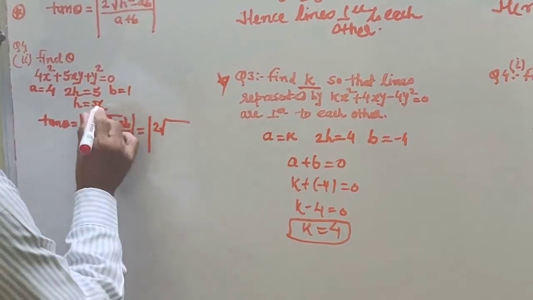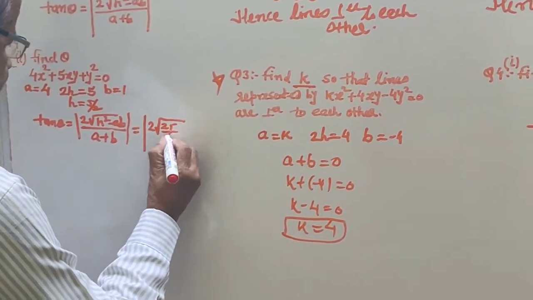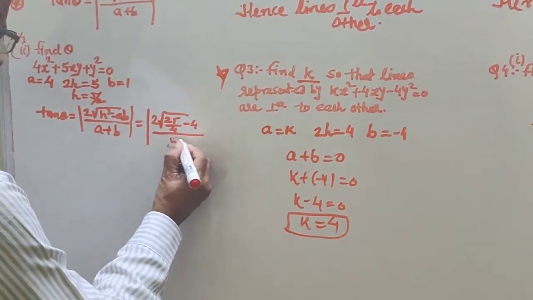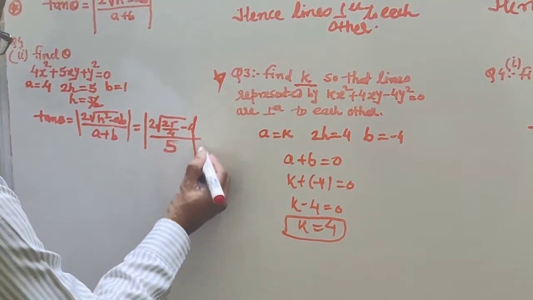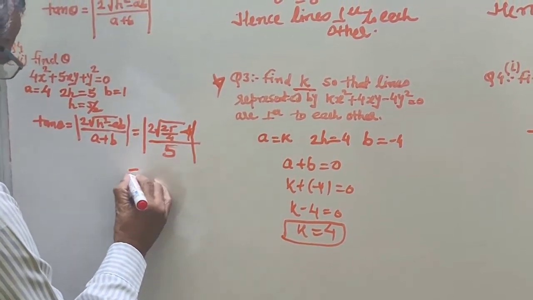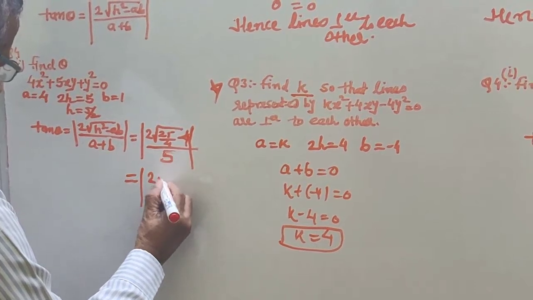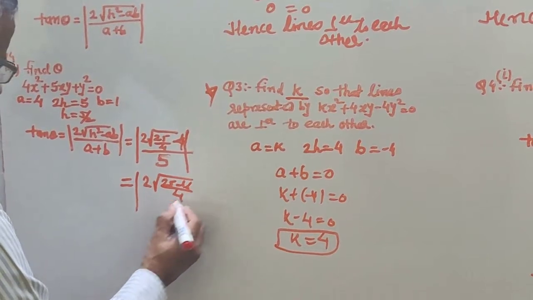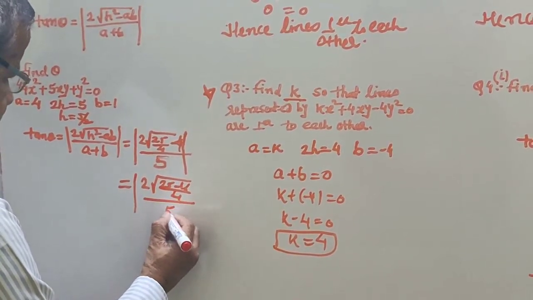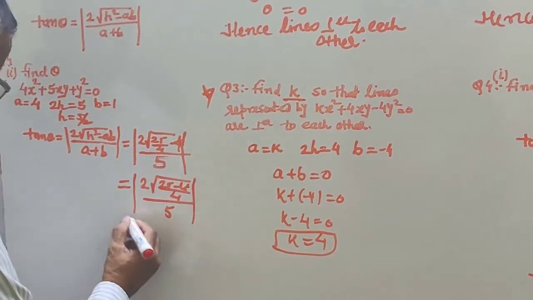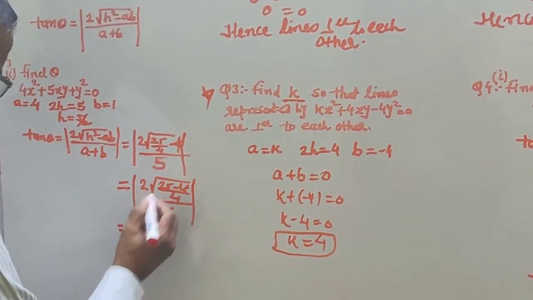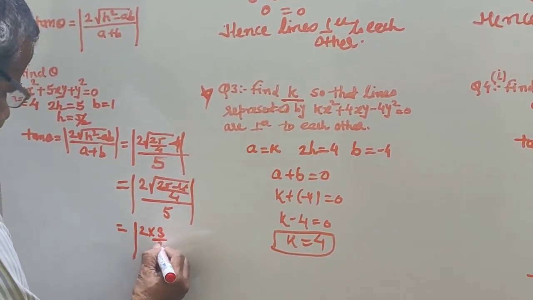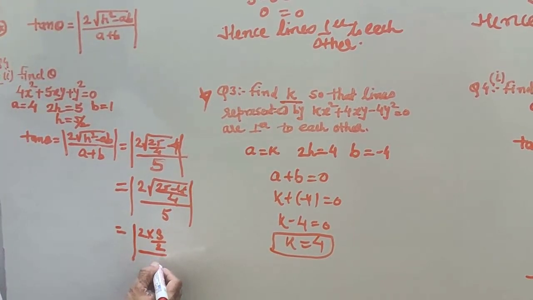Under root of h square means 25 upon 4 minus 4, upon a plus b is 5. Now what will come here? 2 under root of 25 minus 16 upon 4, upon 5. 25 minus 16 is 9, means root 9, that is 3, will come here. So what will come here? 2 into 3 upon 2 upon 5 will come here.